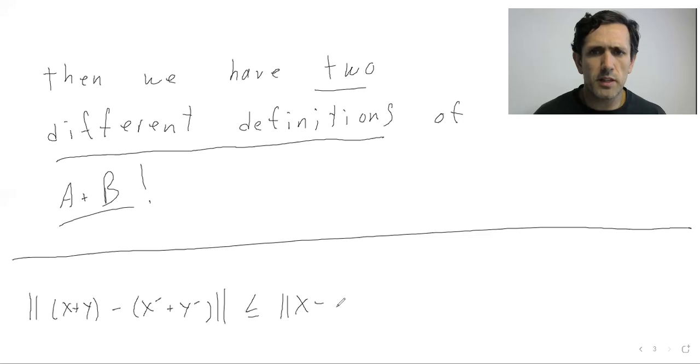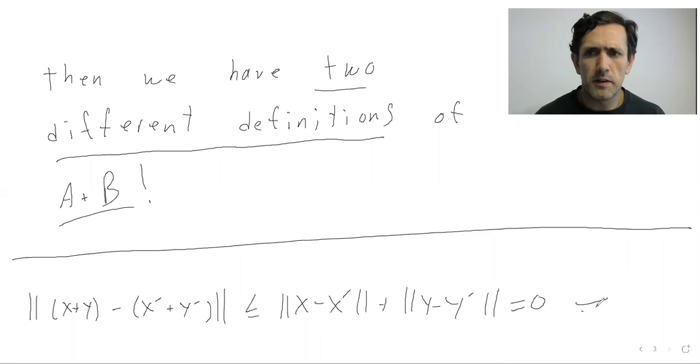This is just x minus x prime, y minus y prime. Well, that's equal to 0 plus 0, which is 0. So this norm here is 0. So that implies x plus y is equivalent to x prime plus y prime, which is the same thing, again, as saying these two classes are the same.